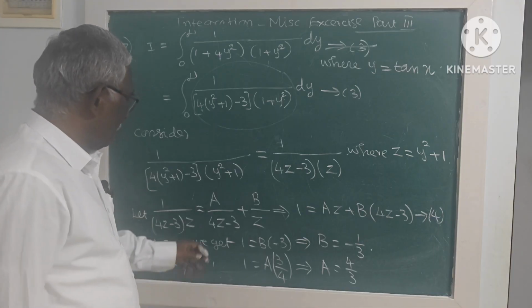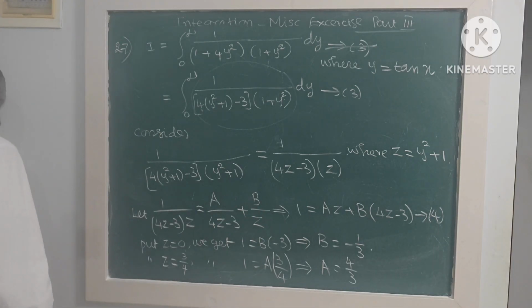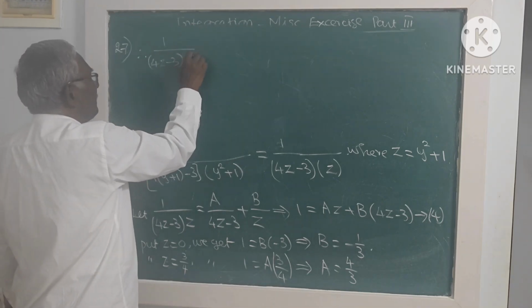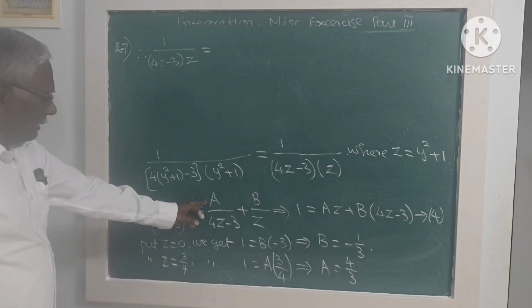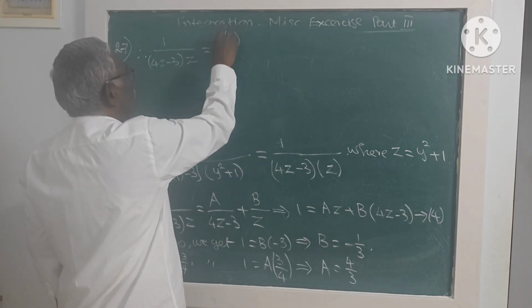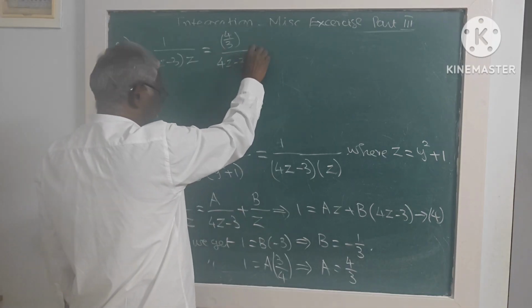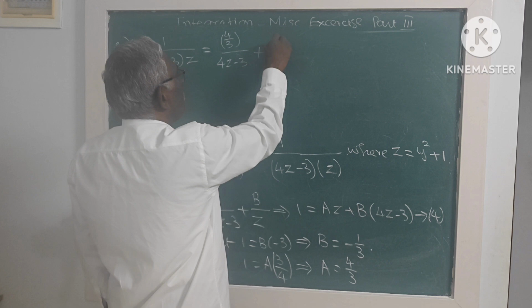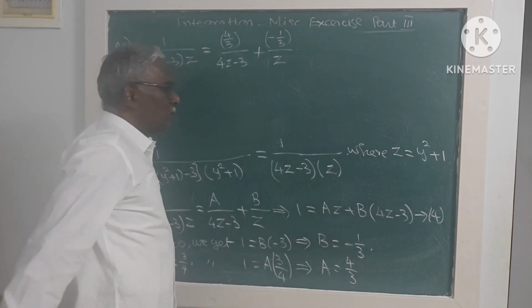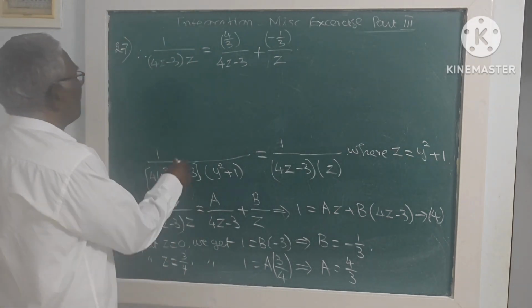Therefore, this becomes 1 by 4z minus 3 into z. This becomes a is 4 by 3 by 4z minus 3, minus 1 by 3 by z. But what is z? y square plus 1.